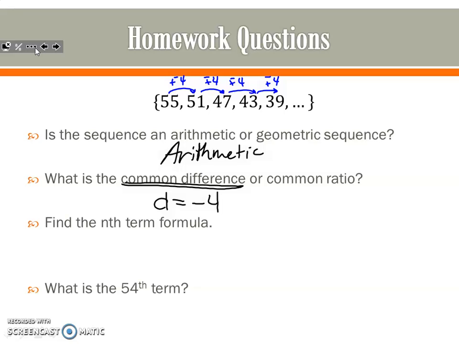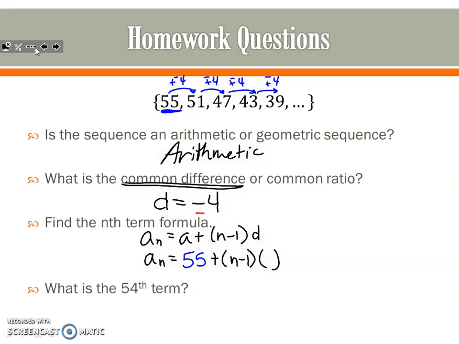I'm going to recall my nth term formula. a sub n equals a plus n minus 1 times d. So this is going to be a sub n equals, what's my first term? First term is 55, plus n minus 1 times my d, which is negative 4.